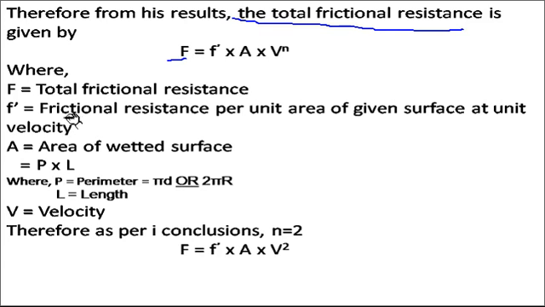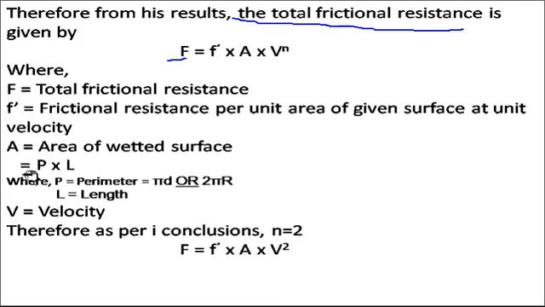F dash is equal to the frictional resistance per unit area of a given surface at unit velocity. It is the frictional resistance offered over the unit area for a unit velocity. A is equal to the area of wetted surface, or we can say the area of contact also.